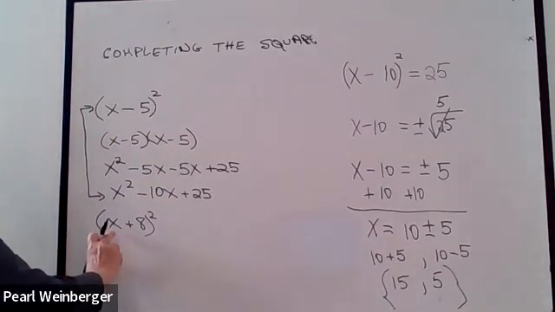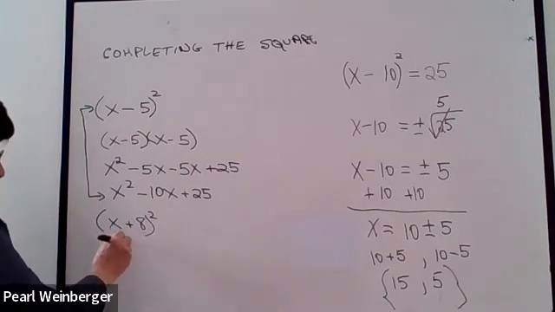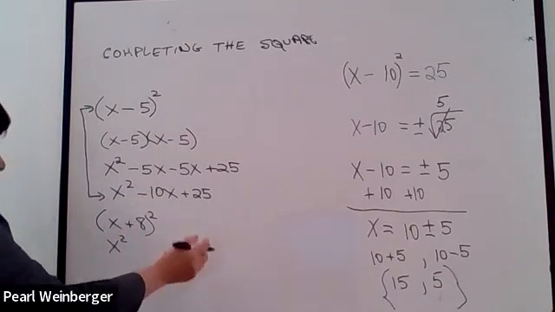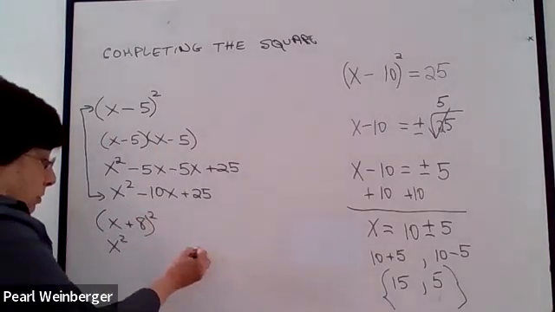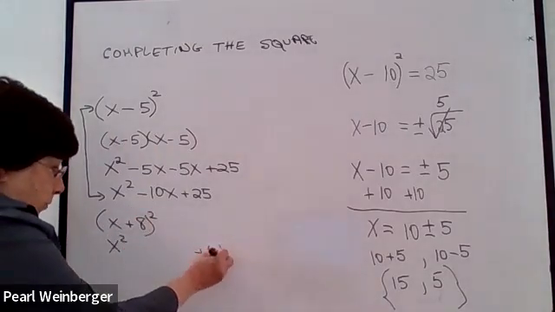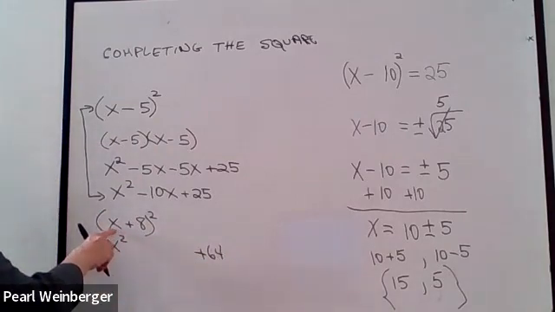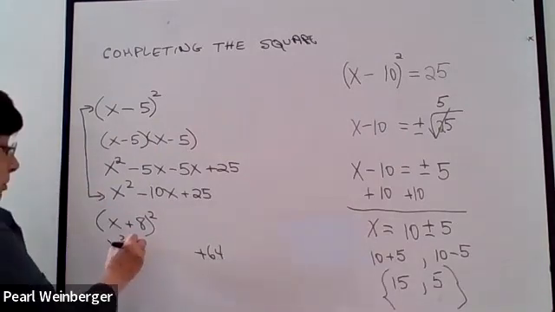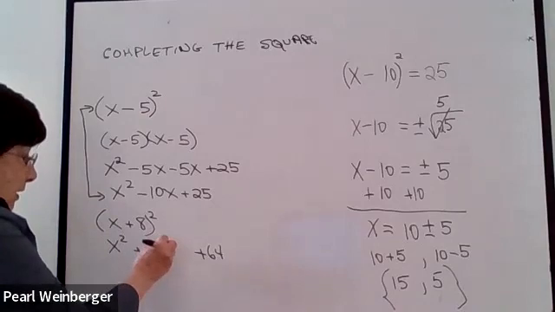Our first term will be the x times the x, which is x squared. Our last term will be the 8 times 8, which is 64. And the middle term I get by multiplying these two together, 8 times x, it's positive, and doubling it, so it's plus 16x.